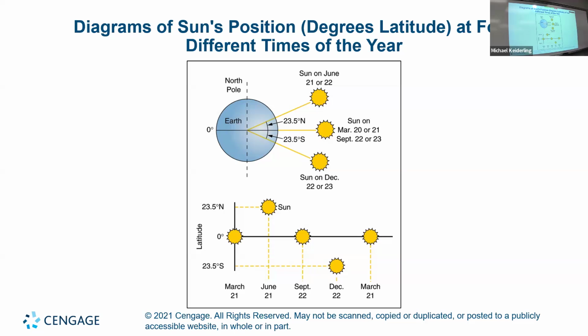And this is how the latitude of the sun varies over the year. So it's the furthest north at the summer solstice, June 21st, and the furthest south at the winter solstice, December 22nd. And it's exactly on the equator at the equinoxes, March 21st and September 22nd.